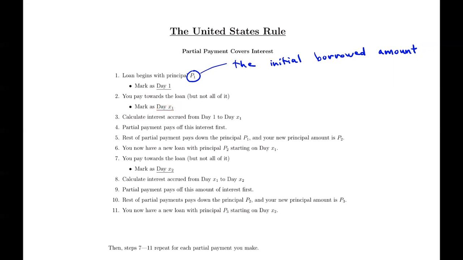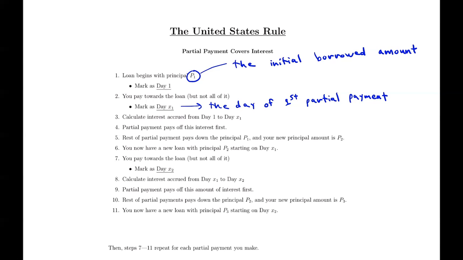And so this right here is the day of first partial payment. And right there, we'll have to figure out how much I owe now. I took a loan out with $5,000 or whatever initial borrowed amount P1, and I paid part of that off, but not all of it.